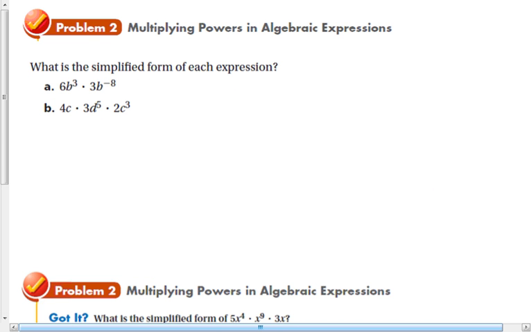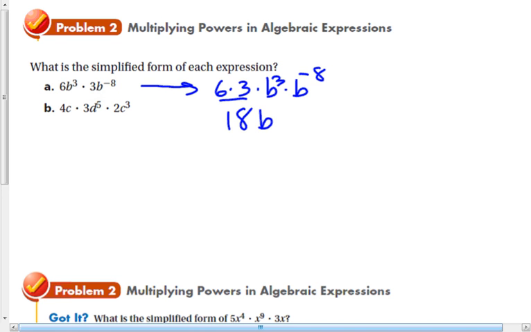Okay, so in these problems, we're just going to multiply it out and use that rule for multiplying powers when they have the same base. And think about this. This is the same as 6 times 3 times b to the 3rd times b to the -8th. So I can simplify the 6 times 3, just make that 18.